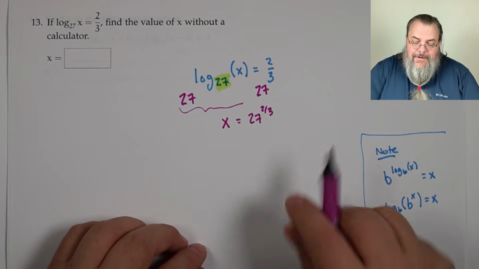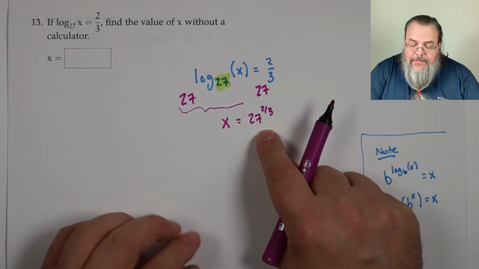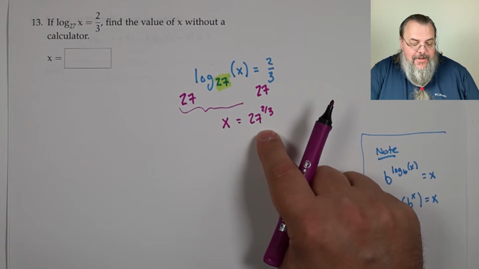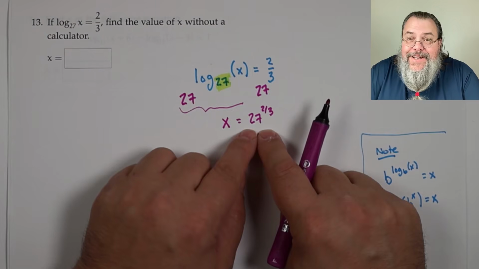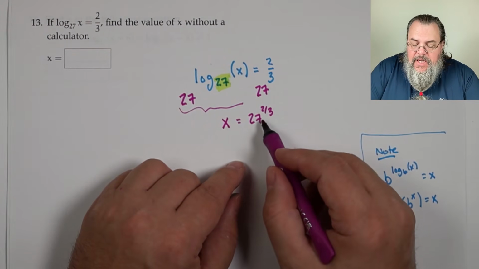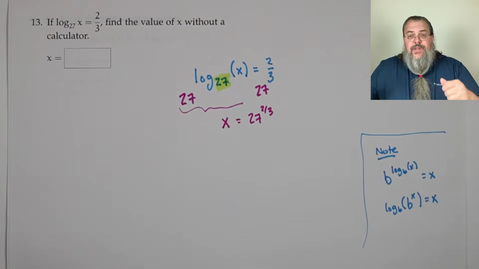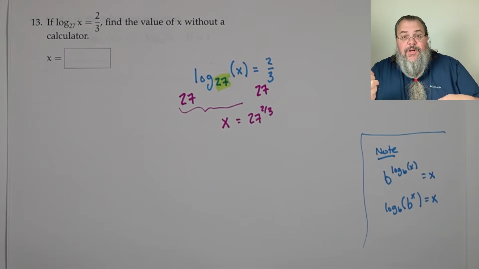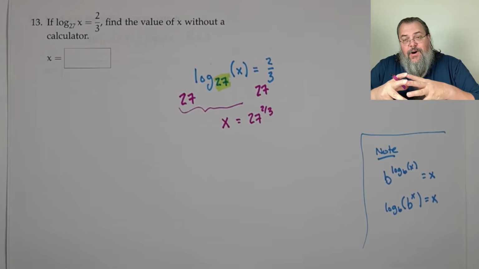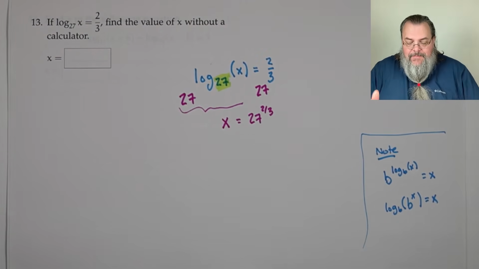Now, we're supposed to do this without a calculator, so it's very tempting. We can use a calculator, and we'll check it in a second. But here's how I like to do it. I'm taking it to the 2/3 power. I'm thinking of it really as two things, to the 2 and to the 1/3. And I'm of the philosophy, make something small and then make something big.